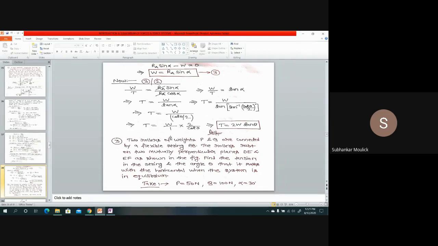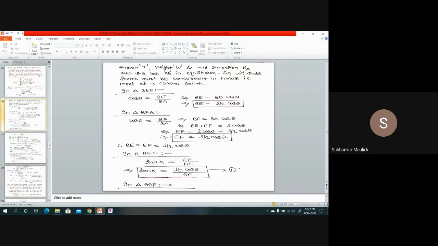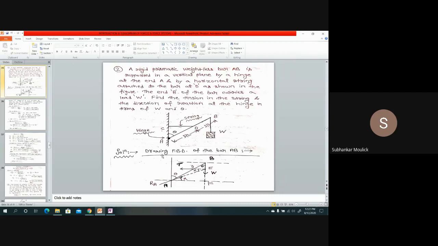Does anyone have any doubt in this question? No, sir. Fine. So see, what I am trying to say is that a mechanics question is not such that each question will follow one single pattern. You cannot follow one pattern to solve all questions; you have to understand the question first. Then you have to draw the free body diagram. Once you have drawn the free body diagram correctly, find the included angles by the concept of geometry.